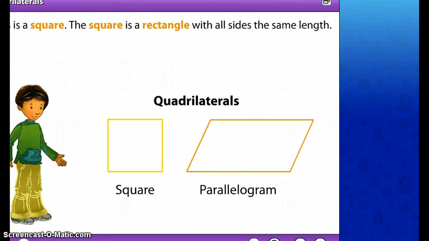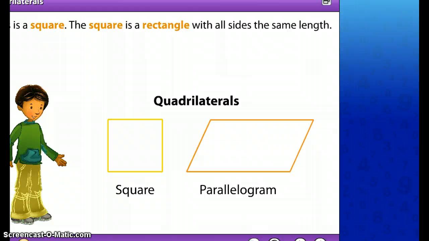This is a square. The square is a rectangle with all sides the same length. Why is a square also a rectangle? Kaden? The square has four 90-degree angles.